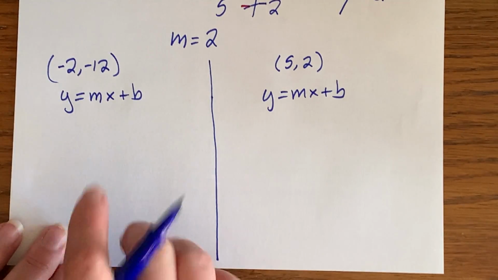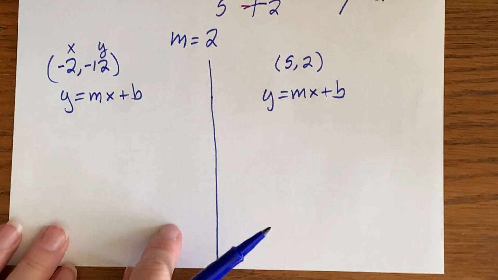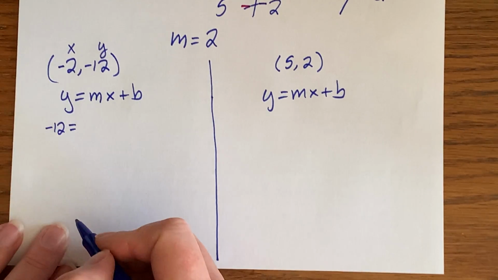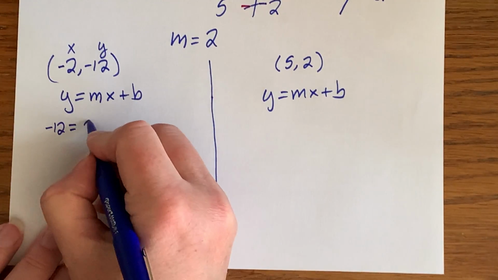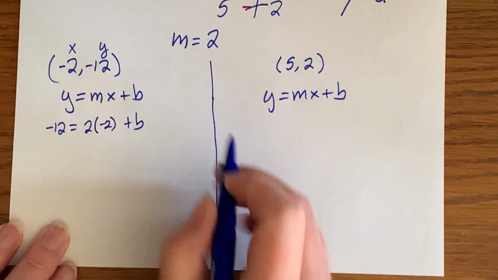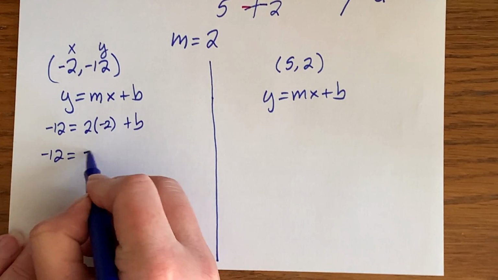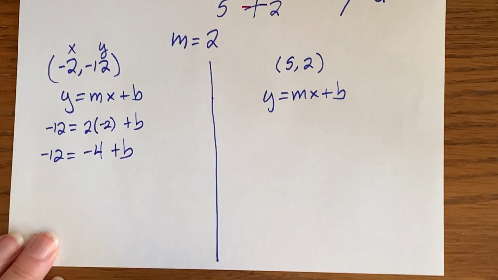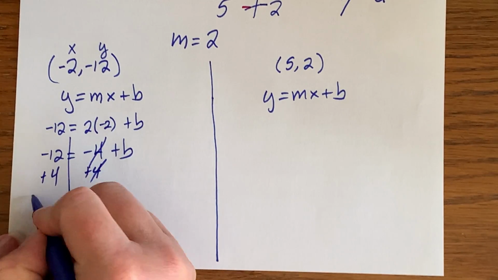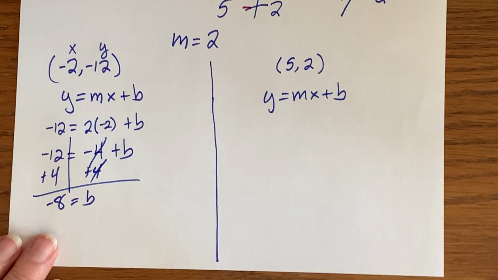In this side, x and y are negative 2 and negative 12 respectively. So here we go. Negative 12 equals 2 times negative 2 plus b. We do the math. That's negative 4. We solve for b. b is negative 8.